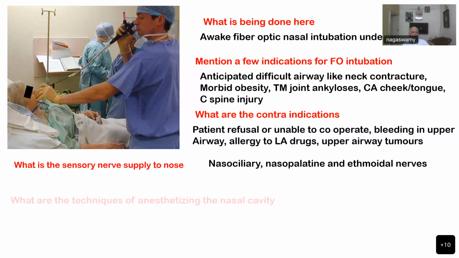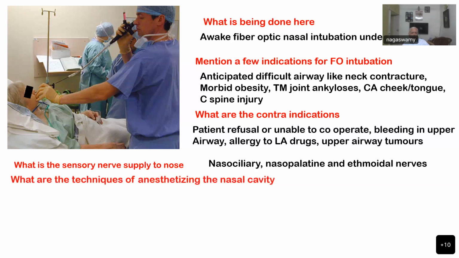Okay. What are the techniques of anesthetizing the nasal cavity? Spray atomization. I am asking only about the nose, not the entire pharynx. Question is about the techniques of anesthetizing the nasal cavity. So nasal spraying with oxymetazoline, xylometazoline, topical vasoconstrictor, sir.